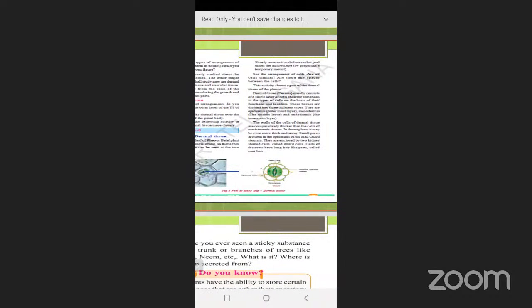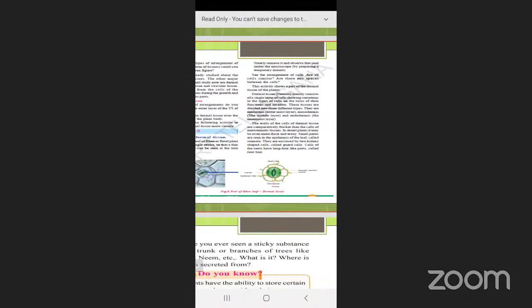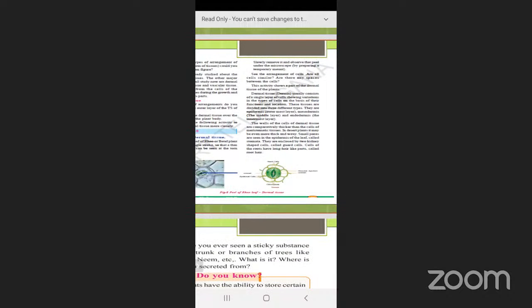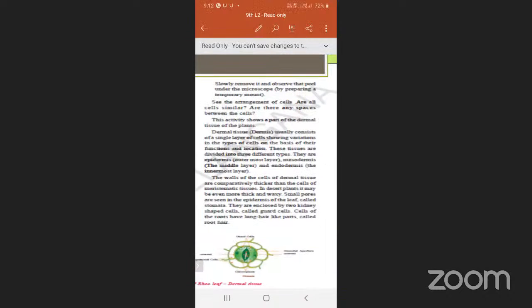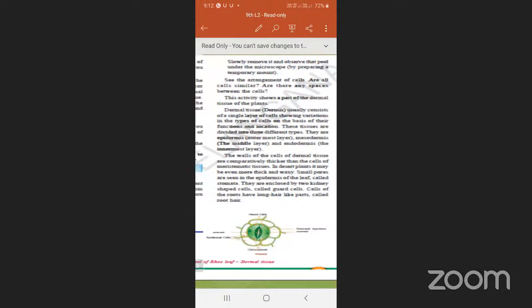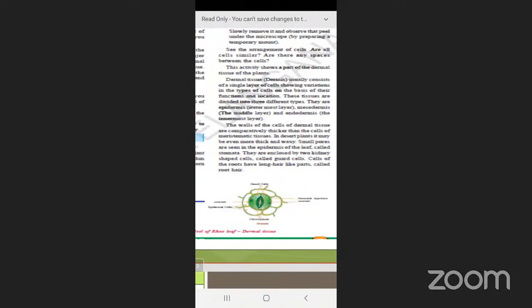Here it is important, children. Small pores are seen in the epidermis of the leaf. Small pores means like a hole. These are called stomata.